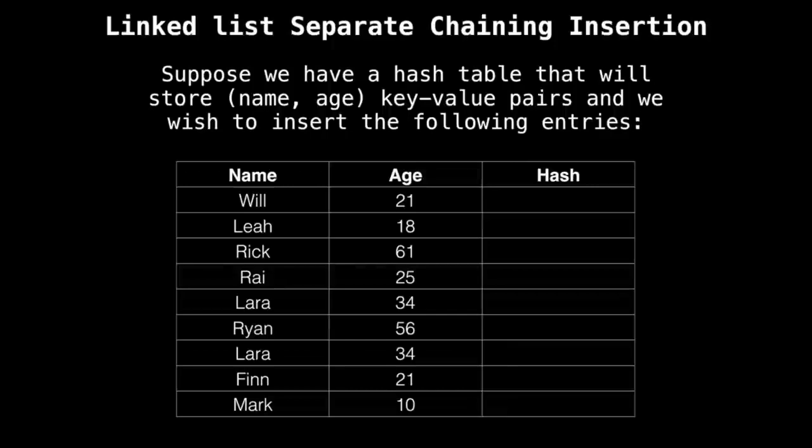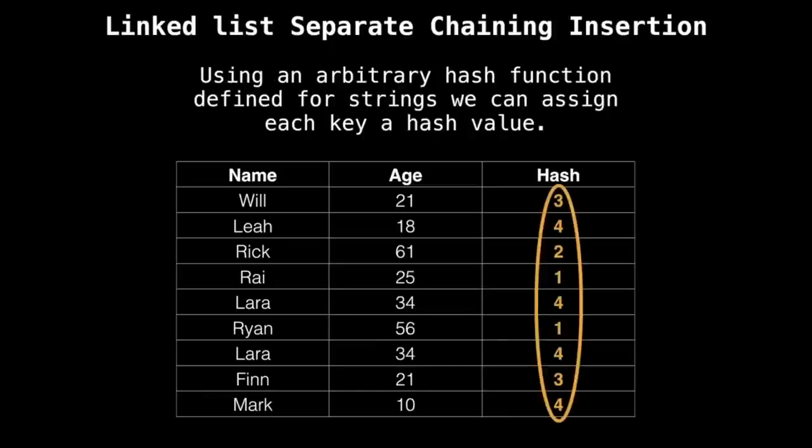Okay, so suppose we have the following hash table, which is just a fancy name for an array of key value pairs of age and names. And we associate an arbitrary hash value that has been computed with some hash function. So those are our hash values.